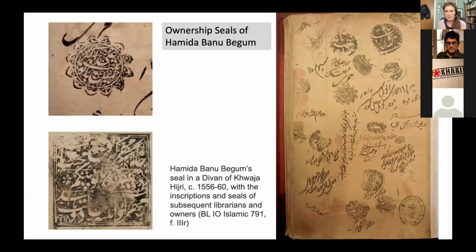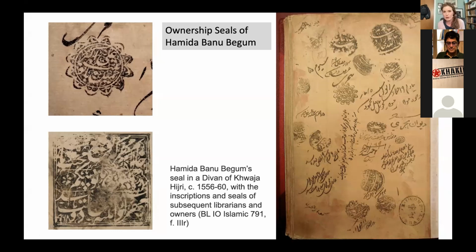But we know that Hamida was a significant collector and owner of books, and we have the seals that show her ownership of various manuscripts. And the seal at the top here, this beautiful lobed seal, is the seal that she used up to the period of 1560. And we have a number of her manuscripts.